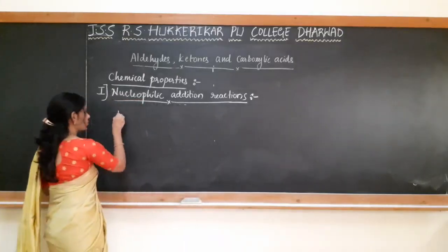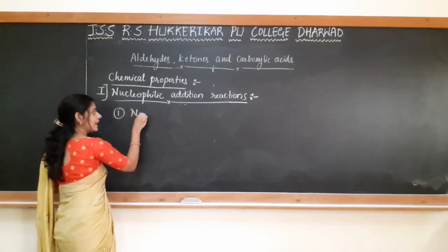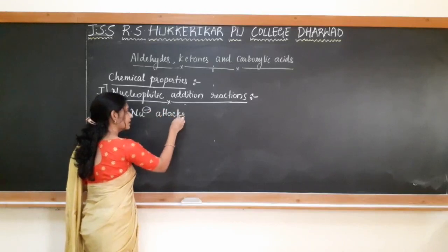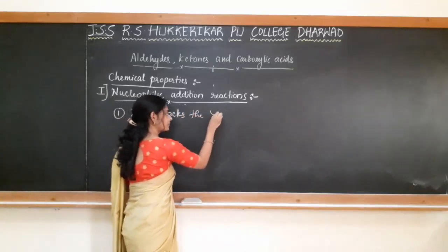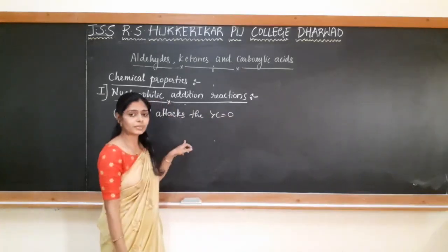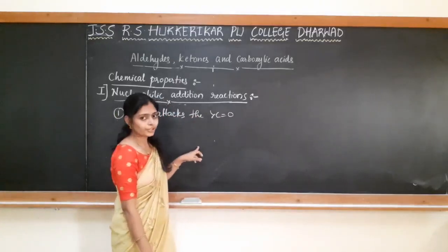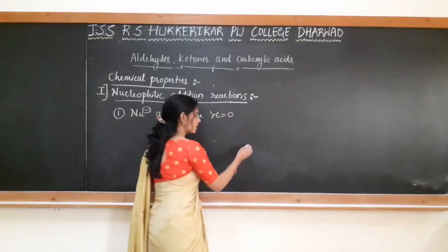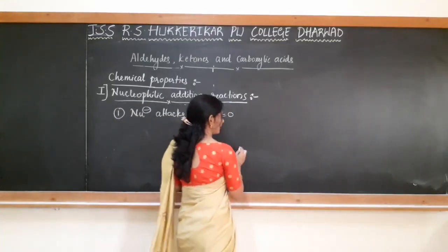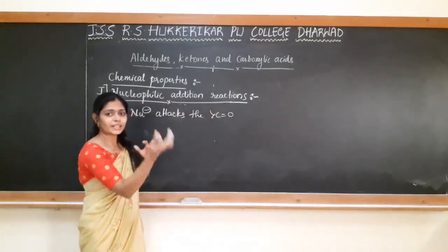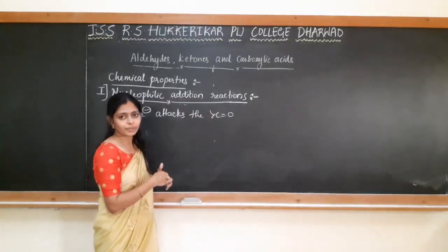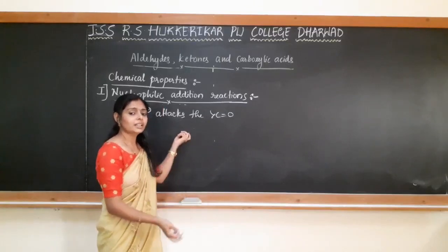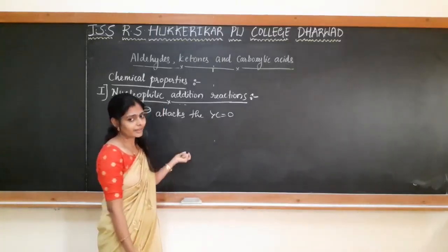See, in the first step what happens, the nucleophile attacks the carbonyl carbon. The nucleophile attacks the carbonyl carbon from approximately perpendicular position of the carbonyl group. The carbonyl functional group is present in one plane. So from the approximately perpendicular position, approximately 90 degree angle, the nucleophile comes and attacks the carbonyl carbon.